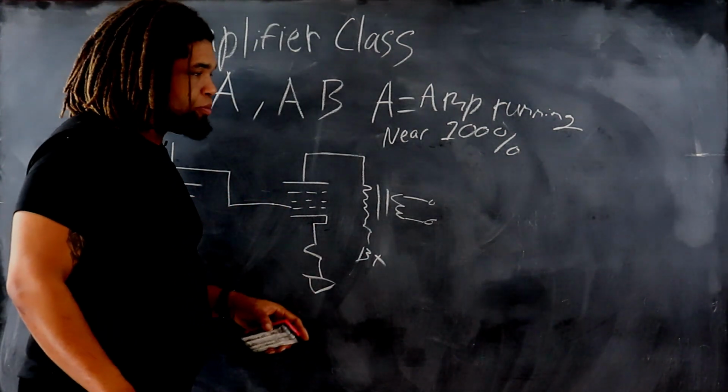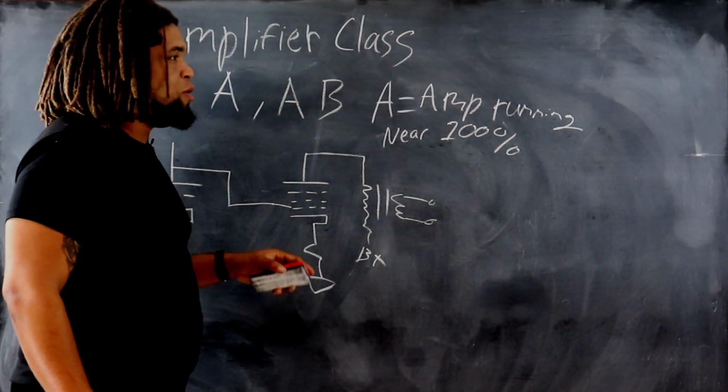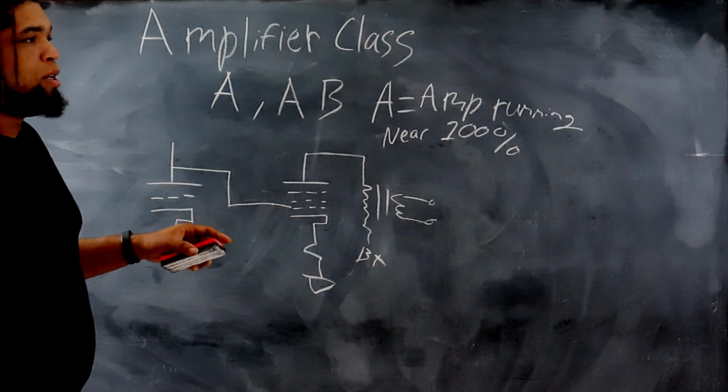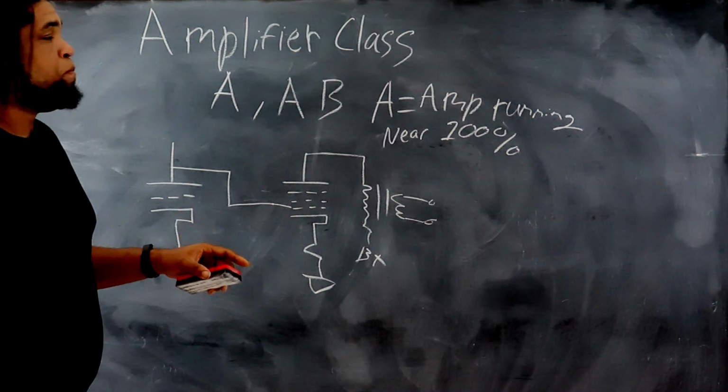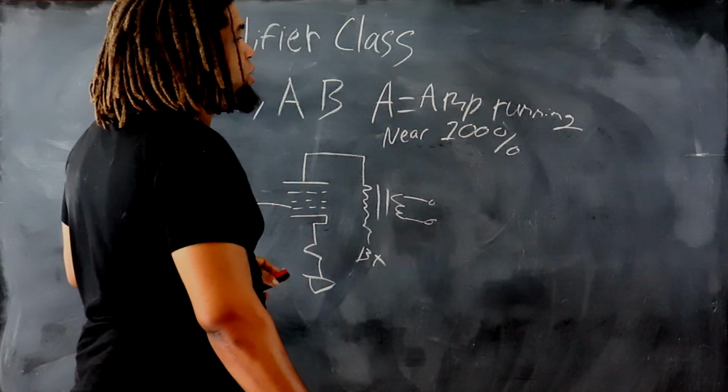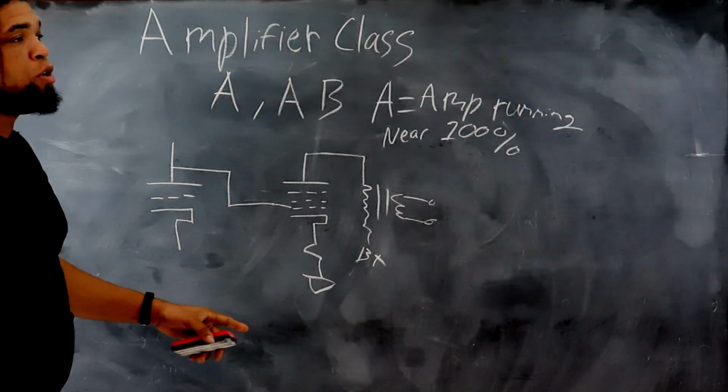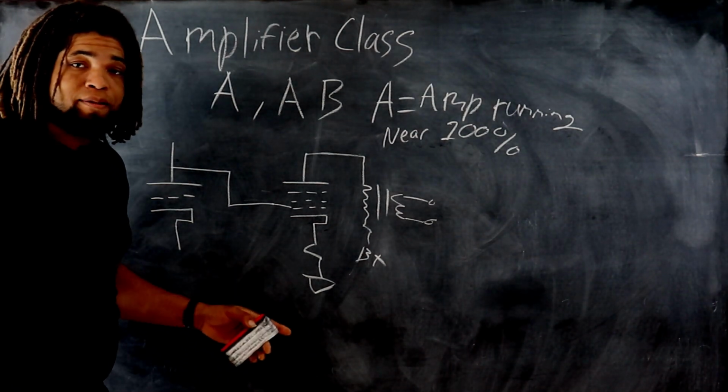So there's a lot of wasted energy because of that, which makes it inefficient. This, though, isn't so much of a problem when it comes to tubes, though it will wear out your tube life. Right?